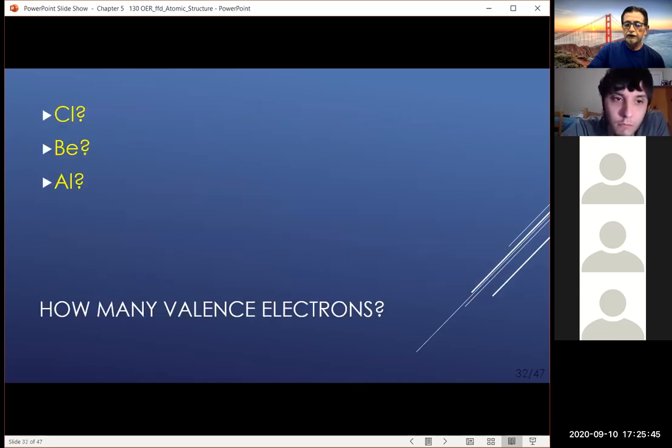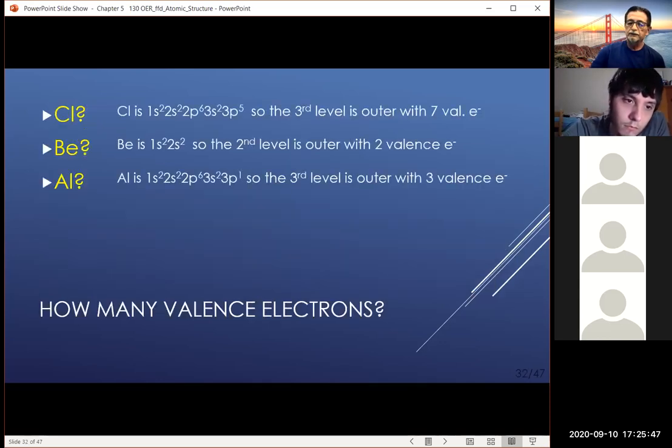There's the valence electrons. If we look at chlorine, we talked about this. We ran a few examples there. That's the electron configuration of chlorine. Valence electrons, 3s2, 3p5. Okay. It has 7 valence electrons. Beryllium, okay, it is in group 2.